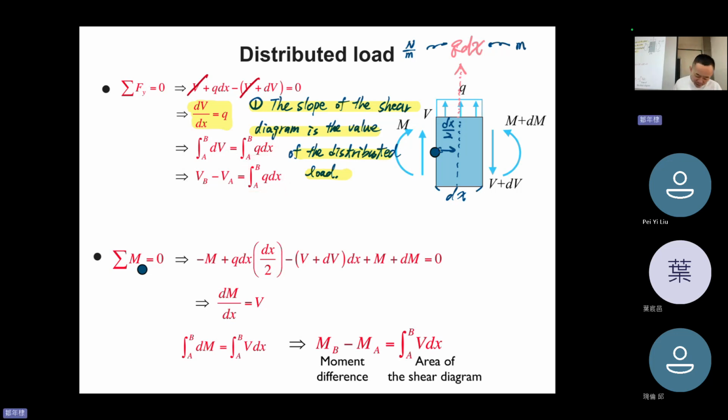What does that mean? It means that this is the shear force difference between 2 points, between A and B. And this Q dx, integrated from A to B, is actually the area of the distributed load.